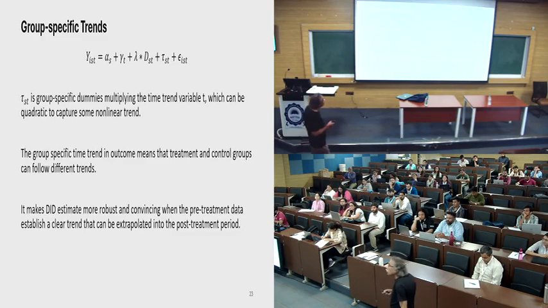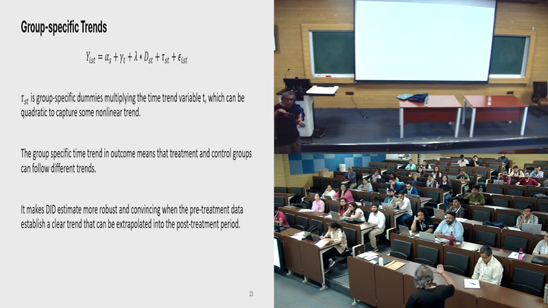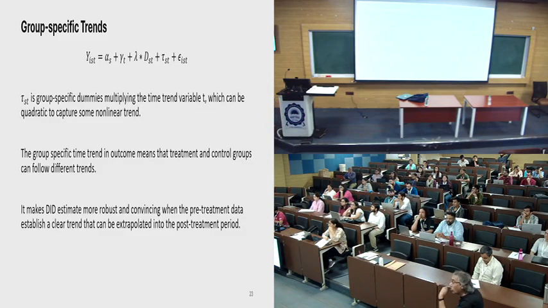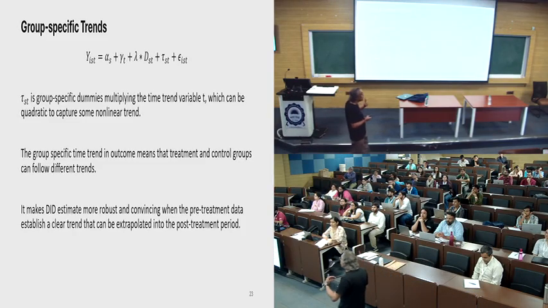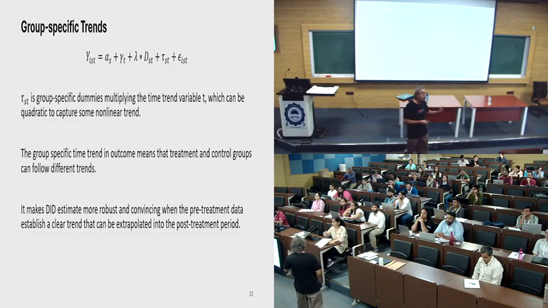So there could be some nonlinear trend, right? Recall my diagram. One is this, one is this, one is this, one could be this. I do not know them, right? And I want to capture that. The group specific time trend in outcome means what? That the treatment and the control groups follow two different trends, which is quite a possible scenario, right?